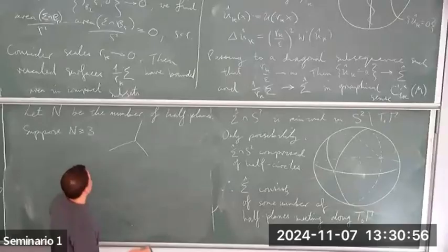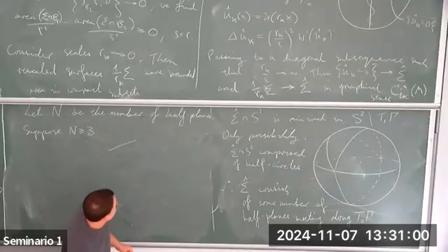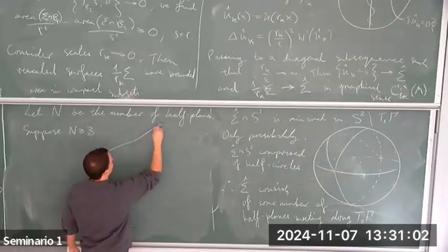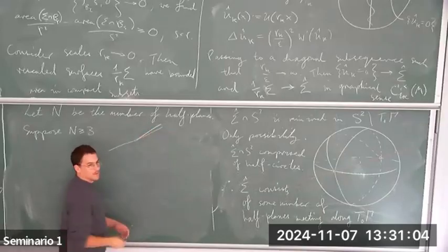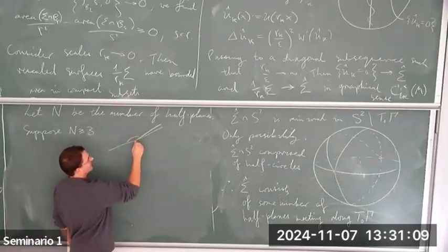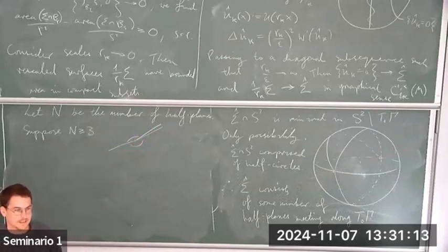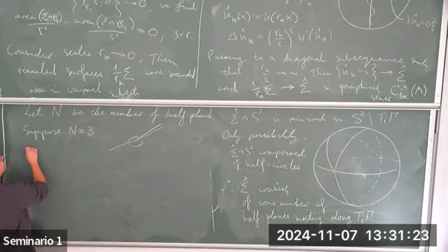The worst case would be that two of them are very, very close together, but then at least one of these angles will be strictly less than pi.